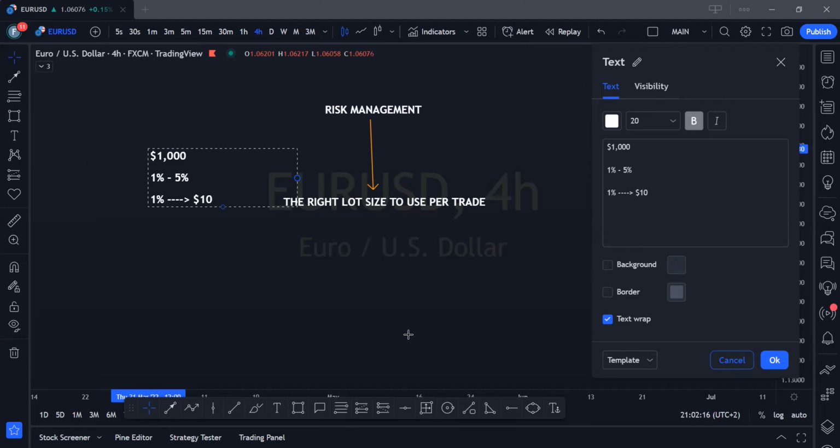They are only considering the rewards. So they use a very high lot size, and then under 2 to 5 trades, all their account is gone. You don't want to start on that note, right? The mark of a true trader is hidden in how strong his risk management is.